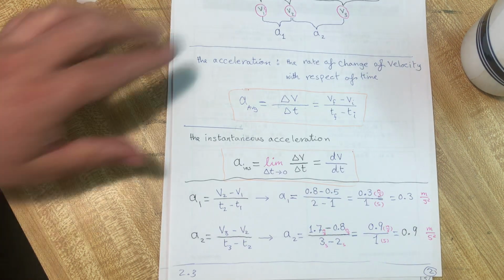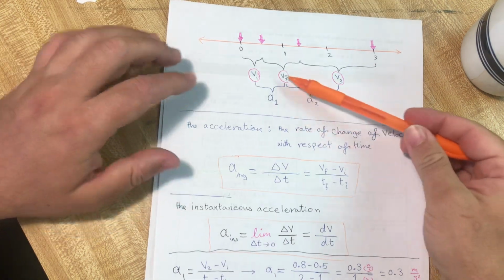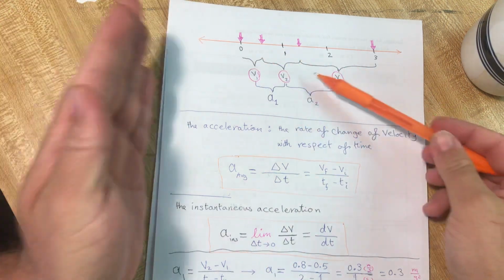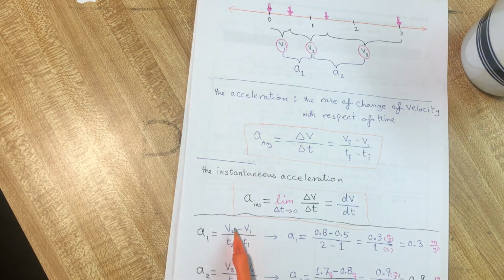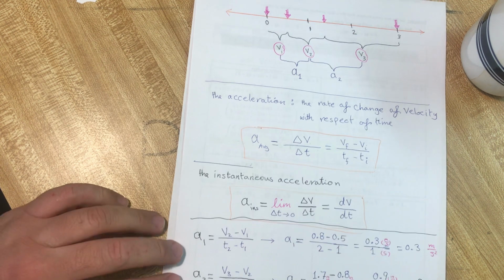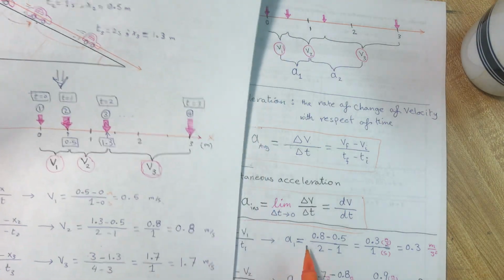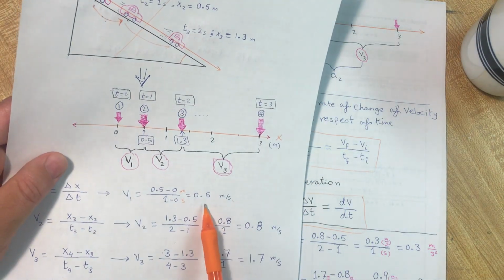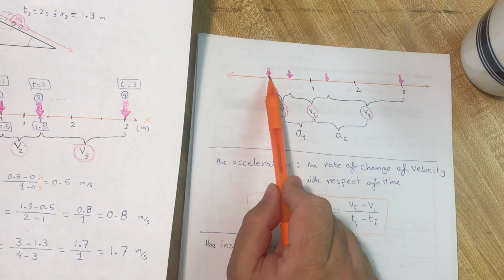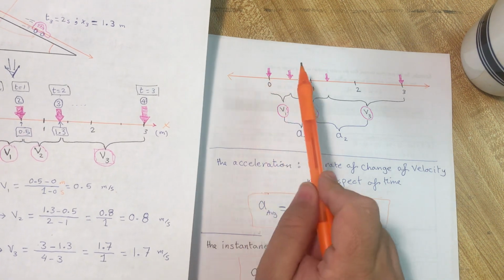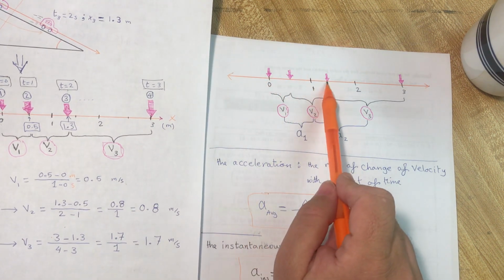Okay, let us now compute the acceleration in the first period and the next one, a1 and a2. a1 is delta v, which is v2 minus v1, over t2 minus t1. So v2 minus v1: v2 we computed as 0.8, minus v1 of 0.5, over the time period. The first period is from 0 to 1, the second period from 1 to 2.